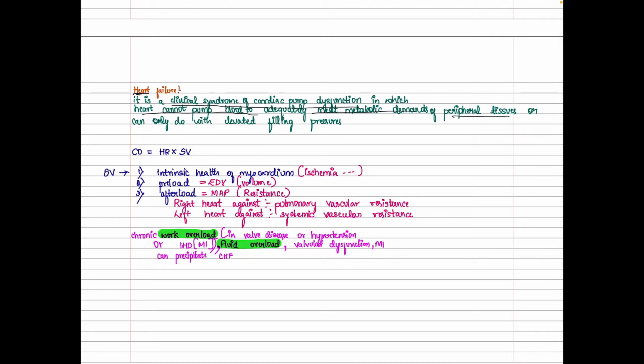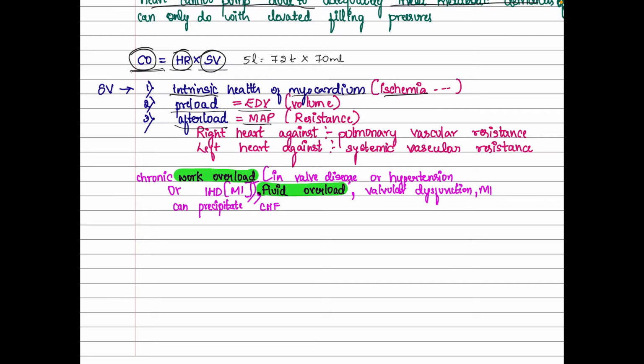As we know, cardiac output is equal to heart rate times stroke volume. Stroke volume depends upon three factors: the intrinsic health of the myocardium, preload, and afterload. The intrinsic health of the myocardium can be disturbed during ischemia. Cardiac output is about 5 liters.